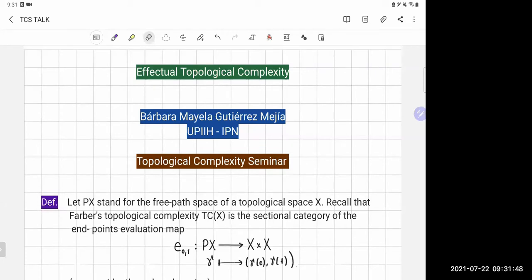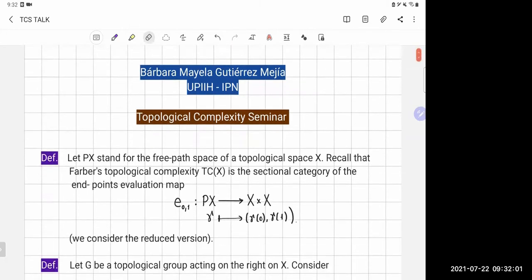We'll study some of their properties, and in the case of effectual TC, we'll study its behavior for spheres and surfaces. So let's start by recalling the definition of Farber's topological complexity as the sectional category of the endpoints map, where PX is the path space of a topological space X, which is path connected.